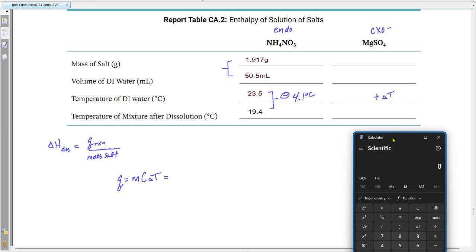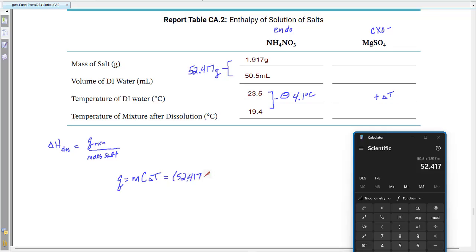It's pretty safe at these temperatures. 50.5 grams of water plus 1.917 grams of salt gives me a total mass in my calorimeter of 52.417 grams. Okay, that's the number I'm going to use here.